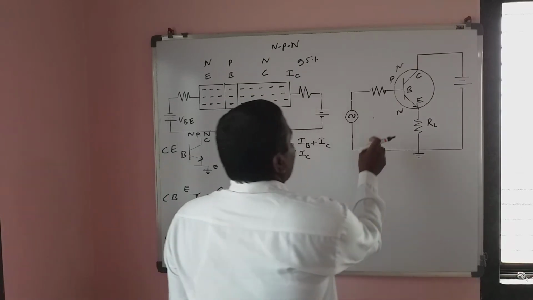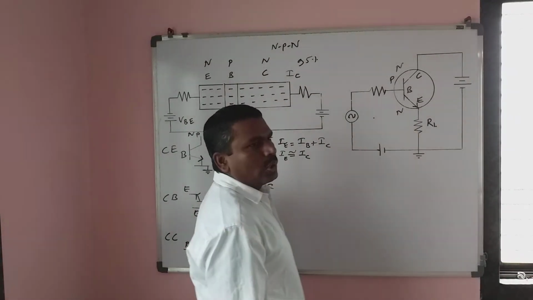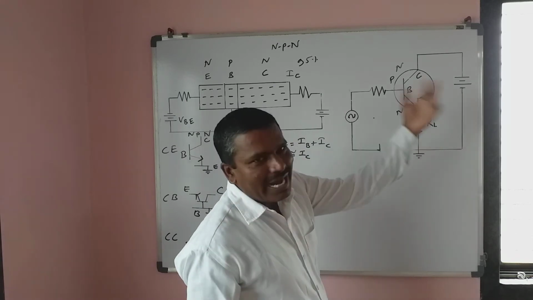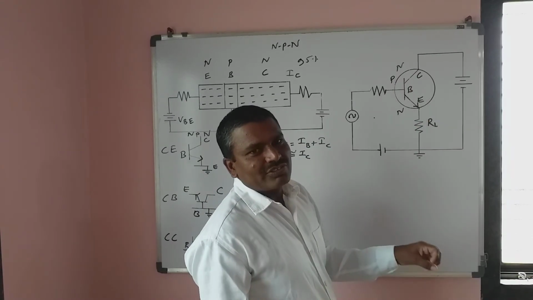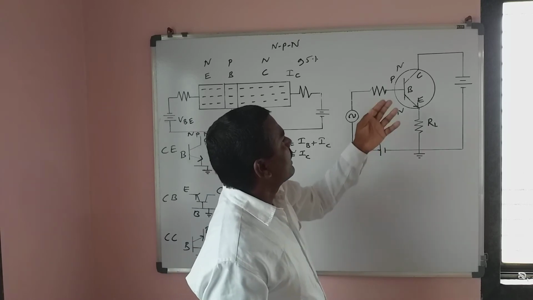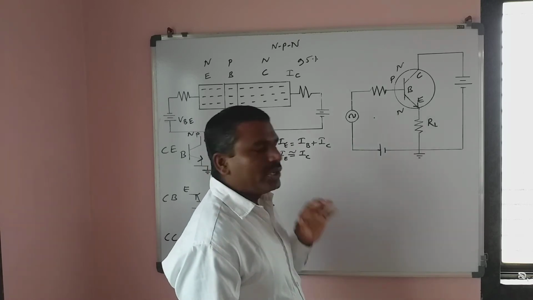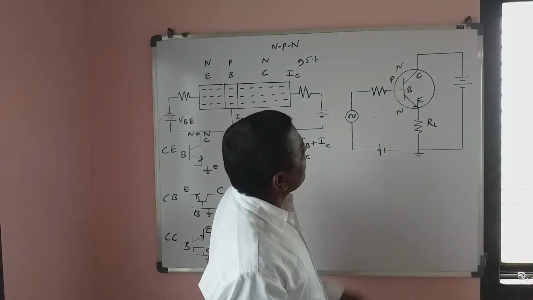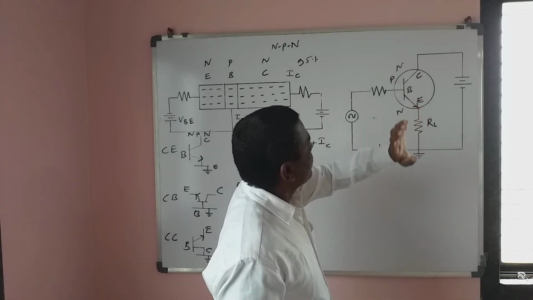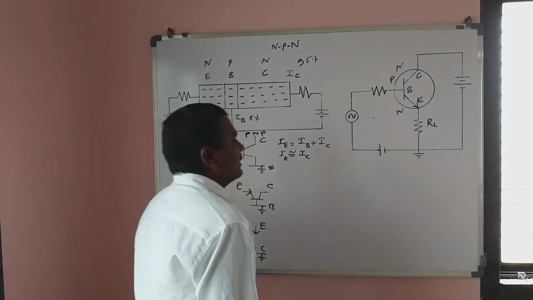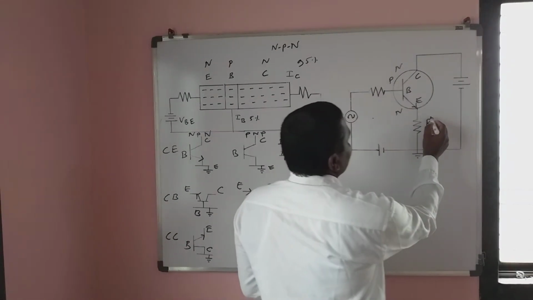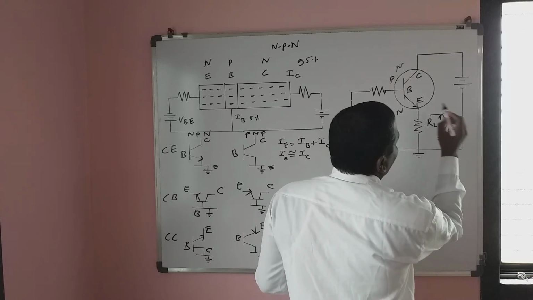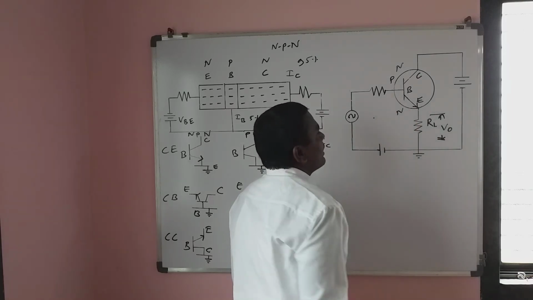In the input there is a low resistance for the base-emitter junction and a high resistance, or high impedance, for the collector-base junction. The output is obtained between the collector and emitter, through the load resistance, that is VO, and the input is given between the base and emitter.